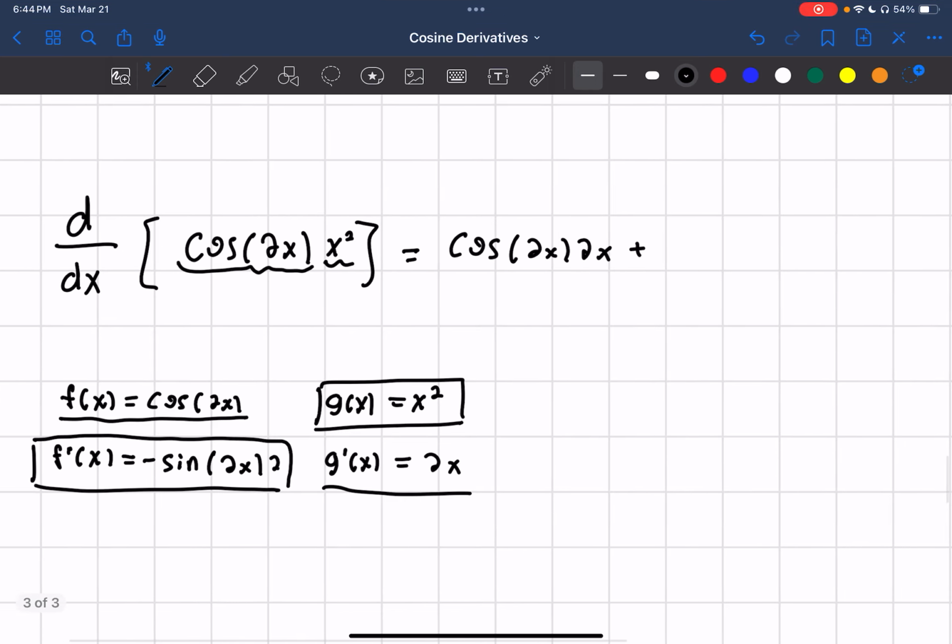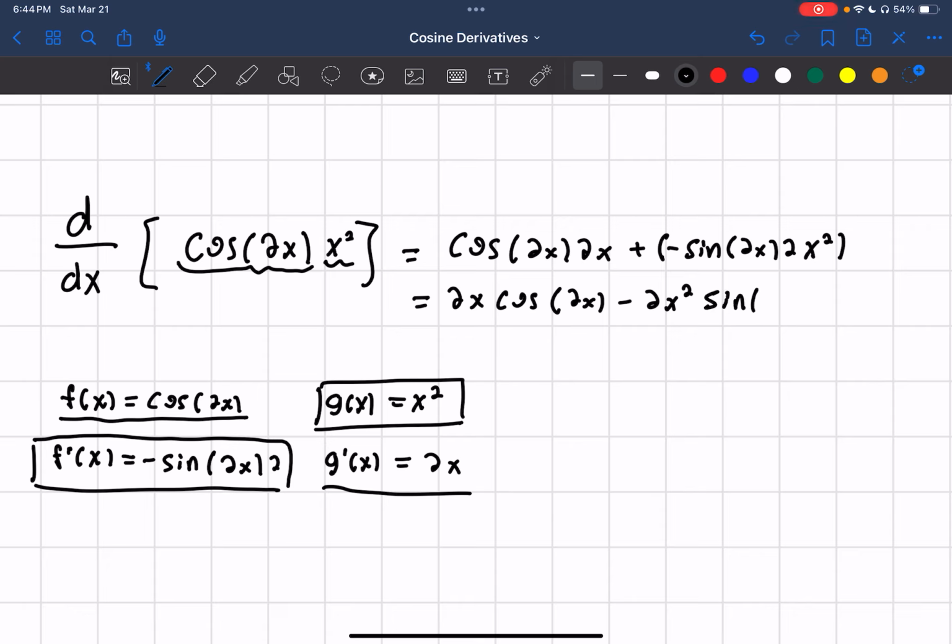So it would be minus sine 2x times 2 times x to the power of 2. And the final answer would be, let's rearrange everything, 2x cos 2x minus 2x squared times sine 2x. And this is our final answer.